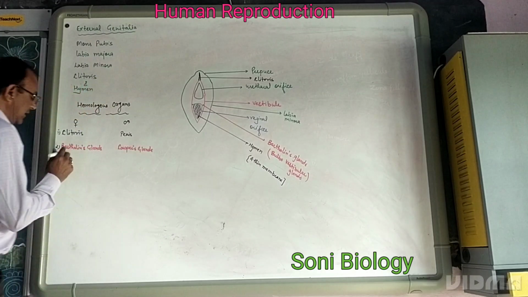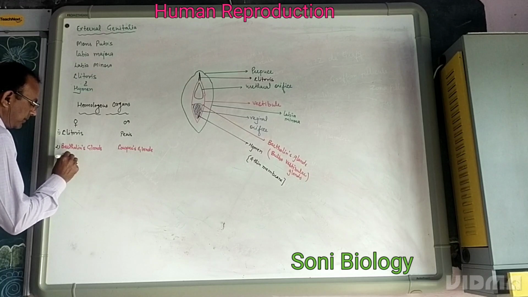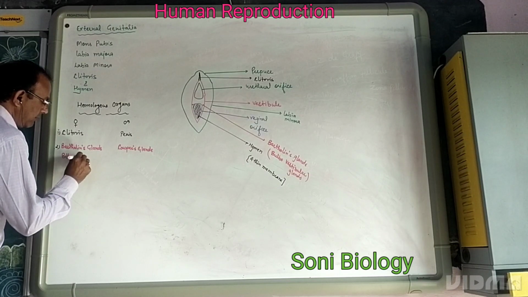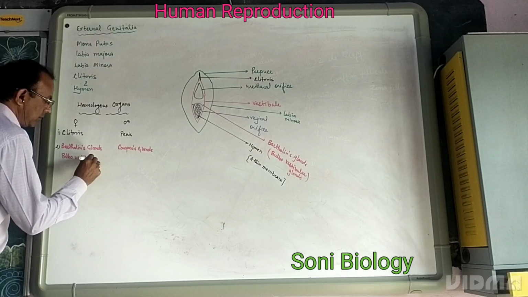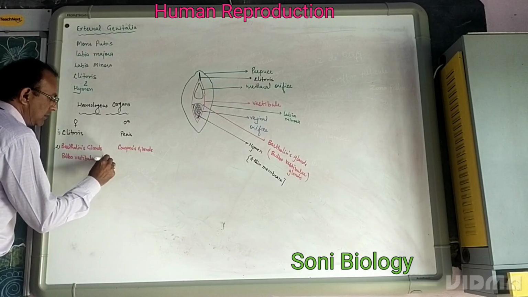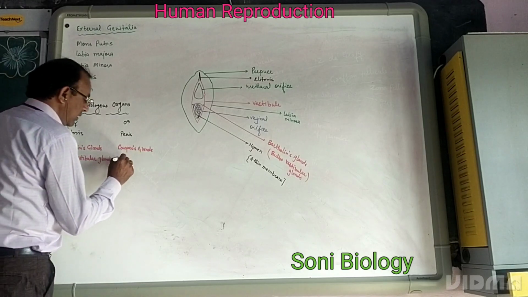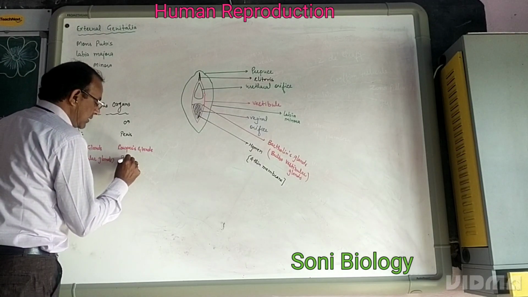Bartholin gland is also known as bulbovestibular gland, and in male, Cowper's gland is known as bulbourethral gland.